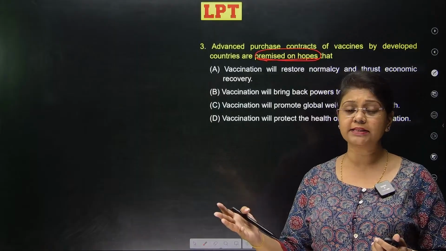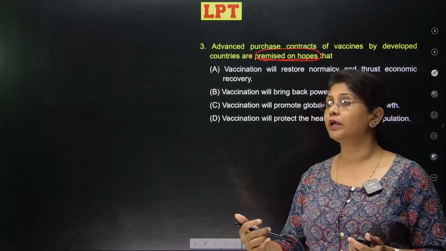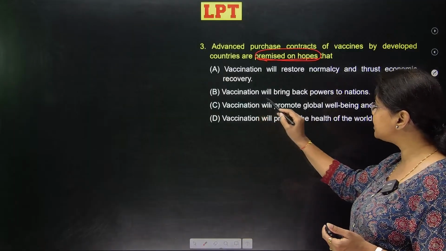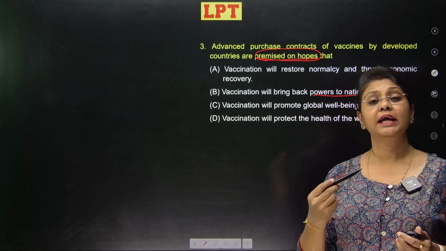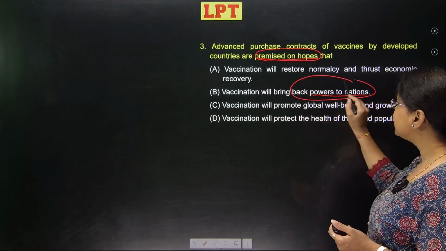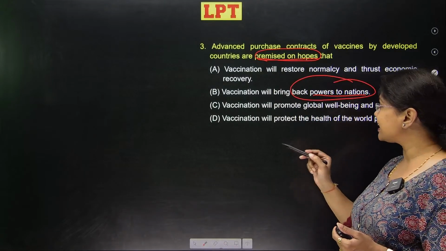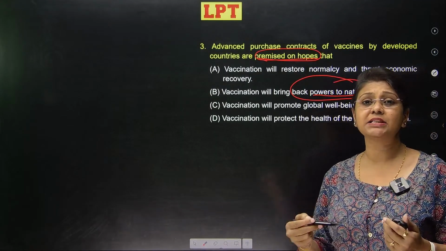We will go for that as an answer. Otherwise, this is very much close to what we are looking for. Second one says vaccination will bring back powers to the nation. We have not talked about the fact that it would bring power back to the nation. So this point is not supported by the passage. Vaccination will promote global well-being and growth. This has not been emphasized.